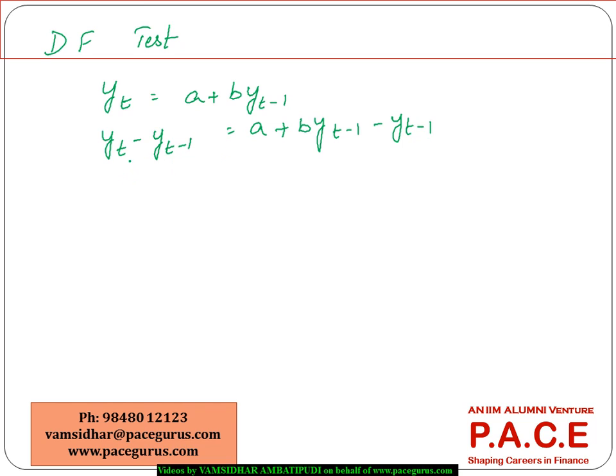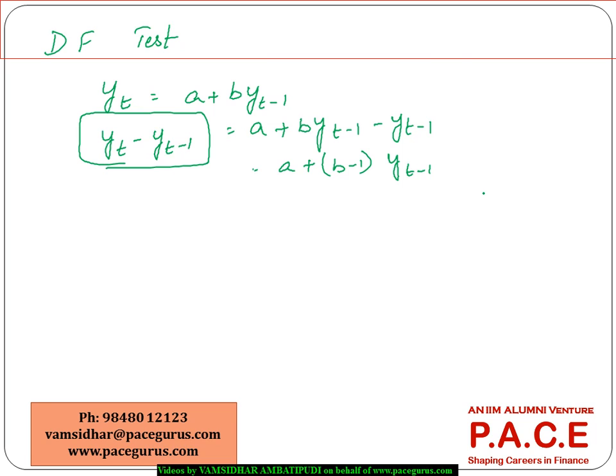So this is nothing but the difference between the two y's, and take it as a plus (b minus 1) into yt minus 1. So basically you create a regression equation, and whatever the output of that regression equation comes, you test whether it is statistically significant.